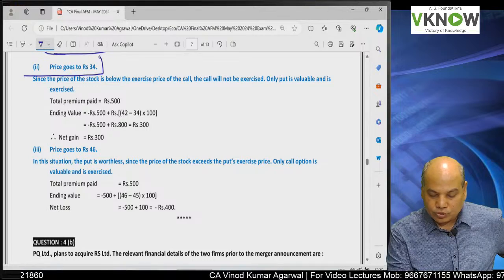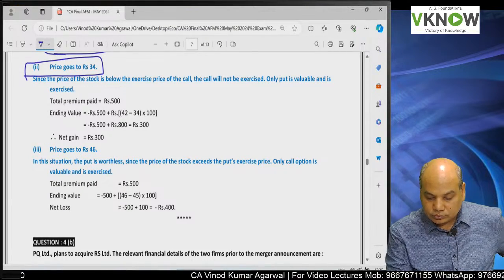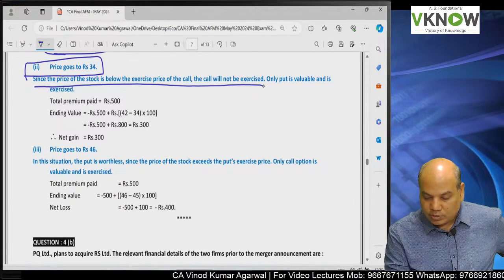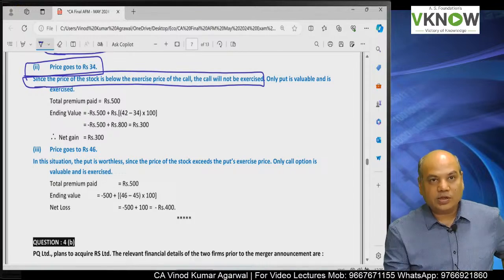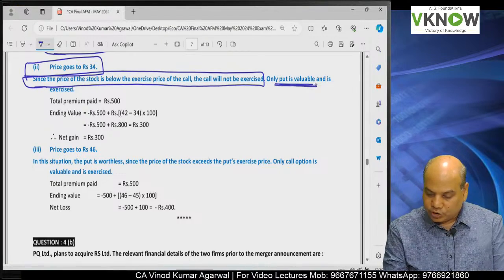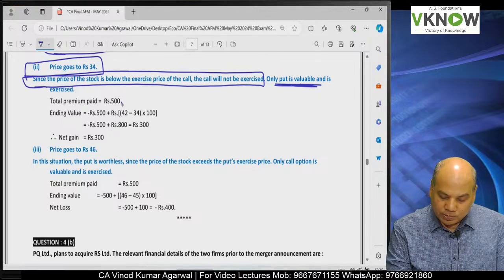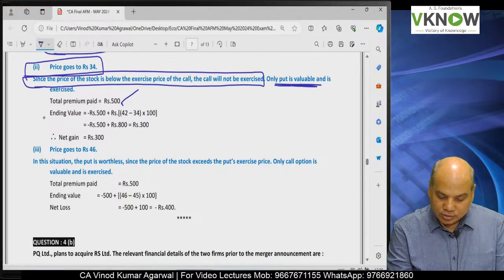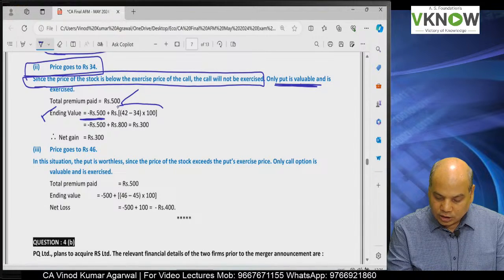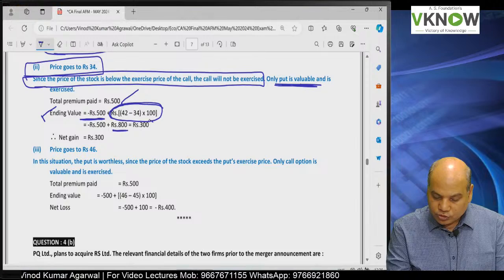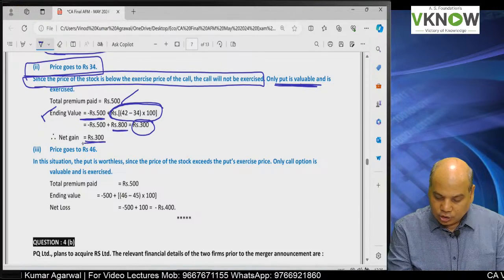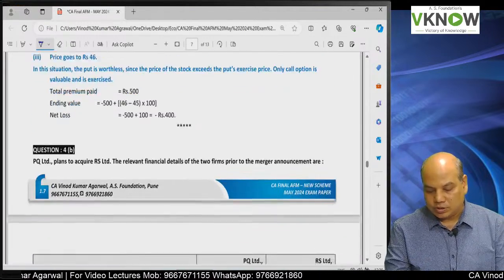If the price goes to 34, then call will not be exercised because market price is below exercise price. Put is valuable, put will be exercised. Total premium paid 500. Ending value will be minus 500, and the profit on put option is 800 rupees. So still we will have a net gain of 300 rupees.